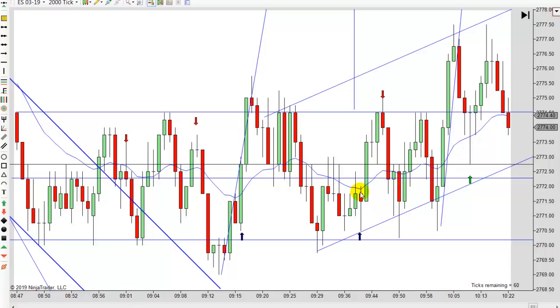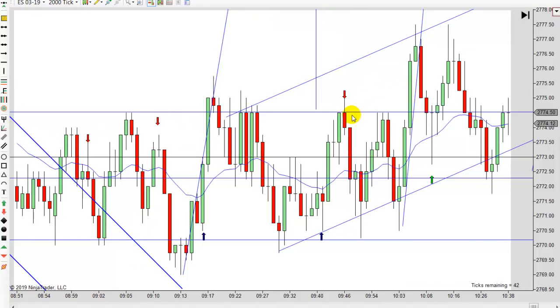That's a failed second entry long that's going to trap some shorts that don't understand how to play a range. So go long right there and look, where do you think it's going to go? Back to the high side. And I did mark this one here. Notice this is a little double bottom, so it's a first entry, then it goes higher, second entry. So it's a second entry right off this high. It's at least a double test.